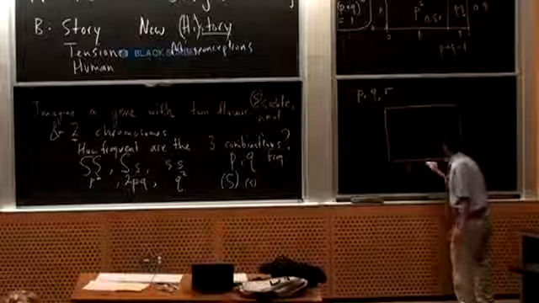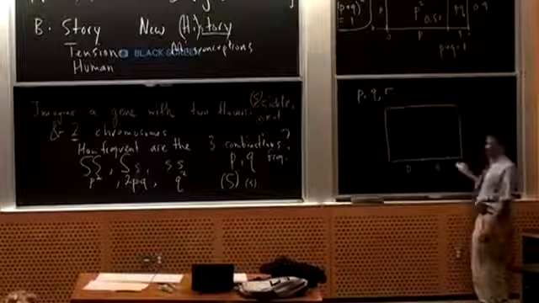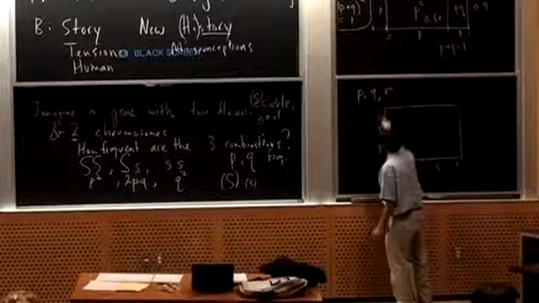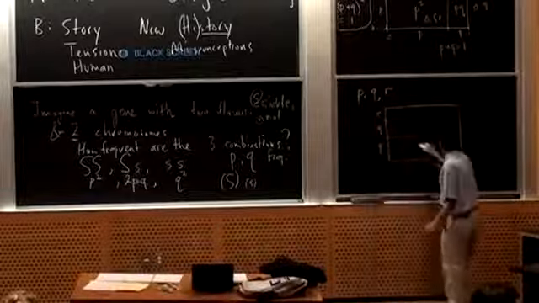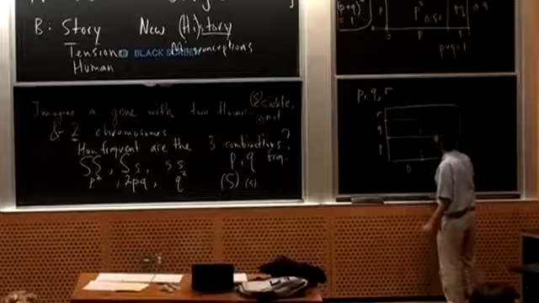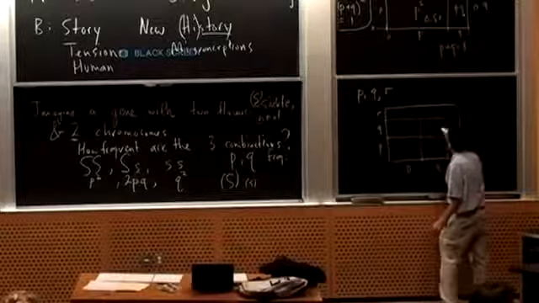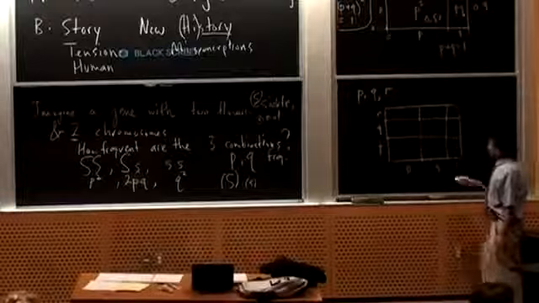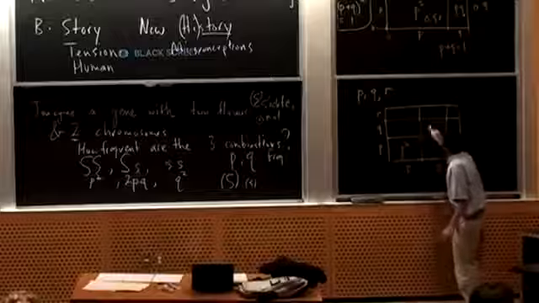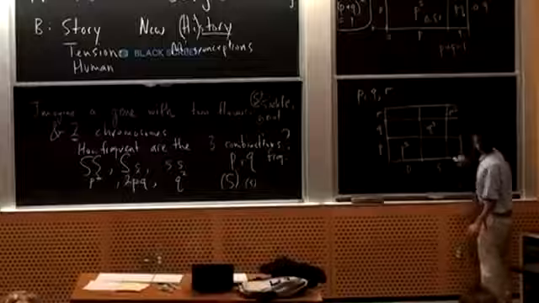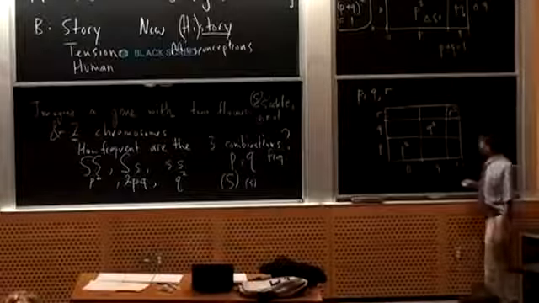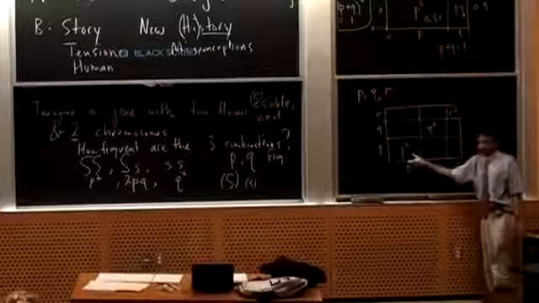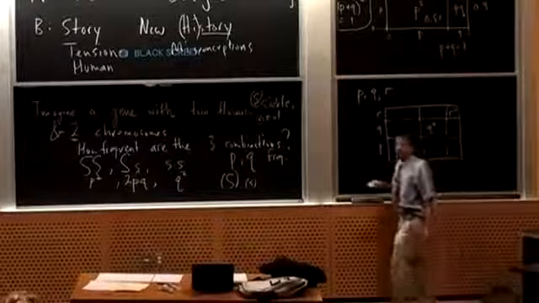I make a P, a Q, and an R, and then I do the same here. P, Q, R. Okay, so there's a P squared, Q squared, R squared. And now we have 9 subsquares. 3 of them are this, there are 6 more.